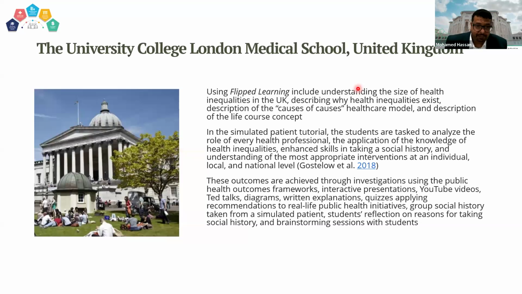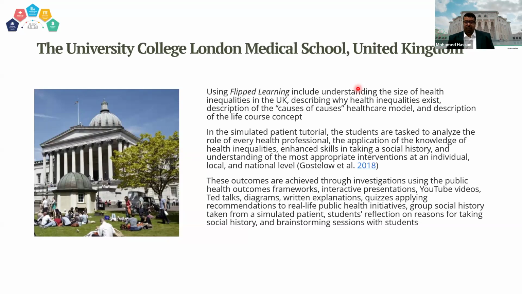From the United Kingdom, University College London Medical School is using flipped classroom learning to include understanding the size of health inequality in the United Kingdom, describing why health inequality exists, then the causes, root cause analysis, healthcare model, and description of life course concepts.